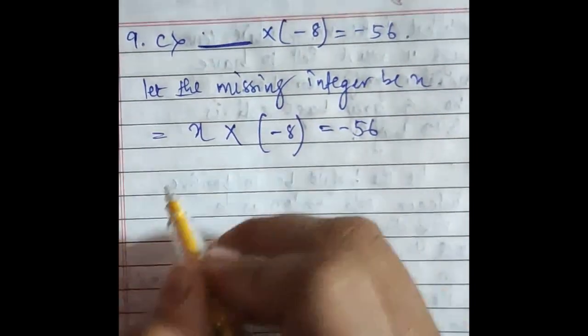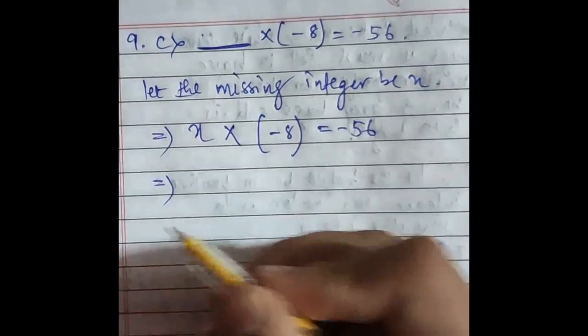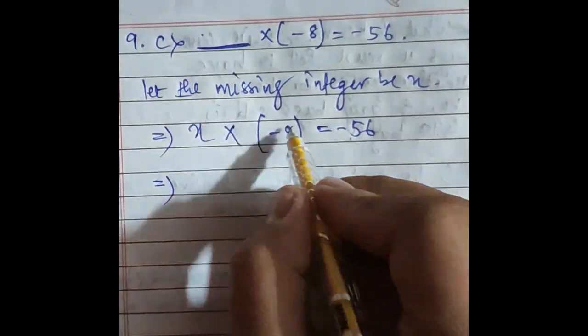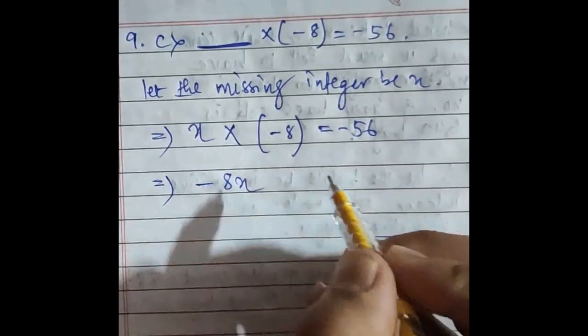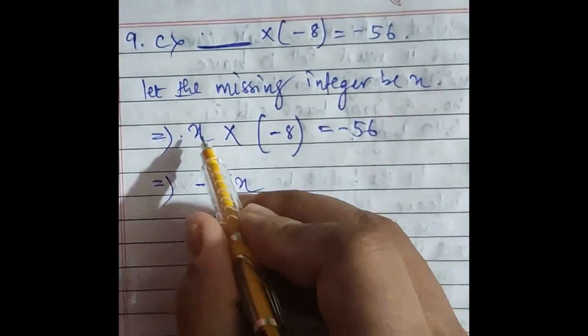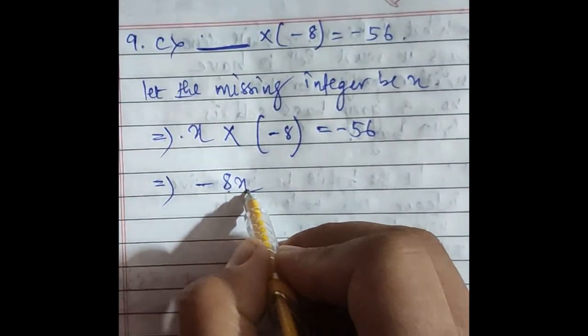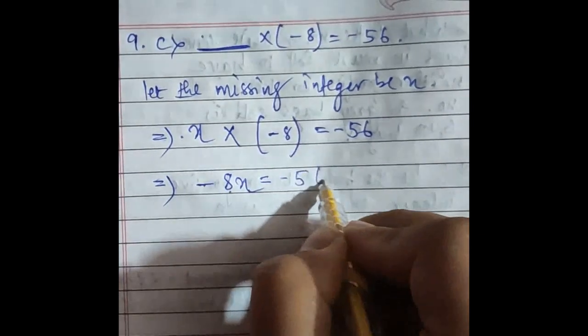Do not forget to put the equals to sign. X into minus 8 is minus 8X, because plus into minus is minus, X into 8, 8X, is equal to minus 56.